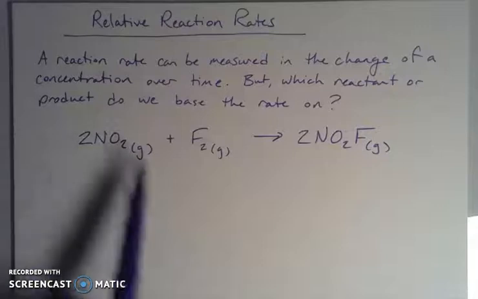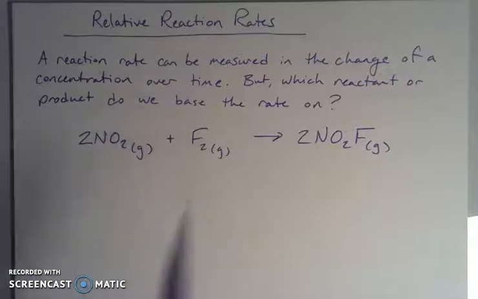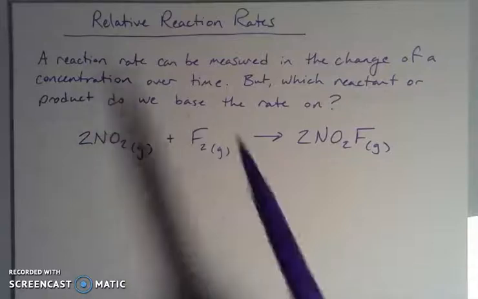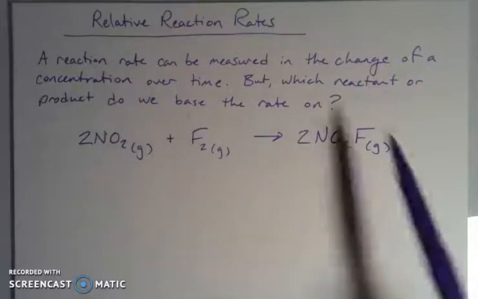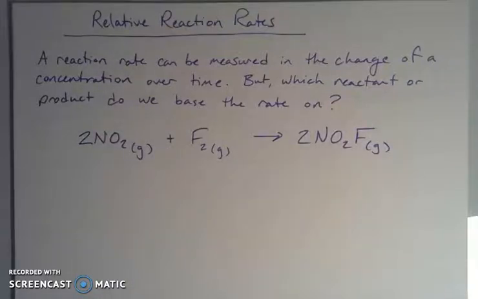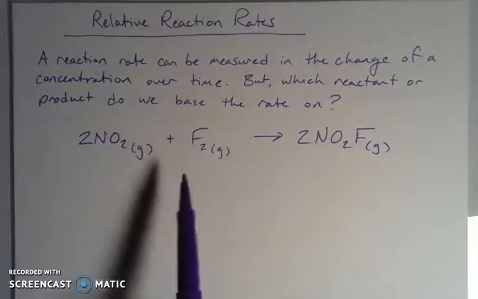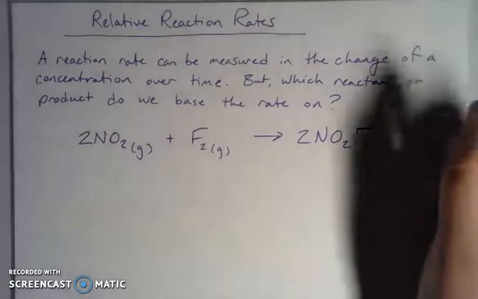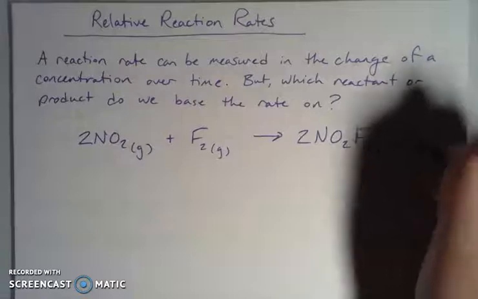So it's not just that there's two of these smashing into one of these and forming two of those, although that is what's occurring. We could say that there's 2 moles of these molecules reacting with 1 mole of these, giving me 2 moles of my product.